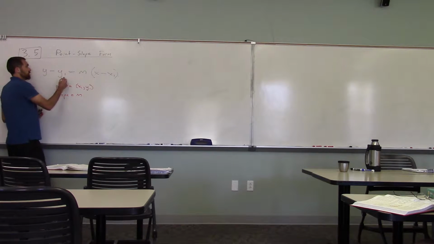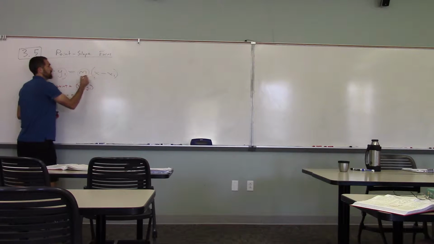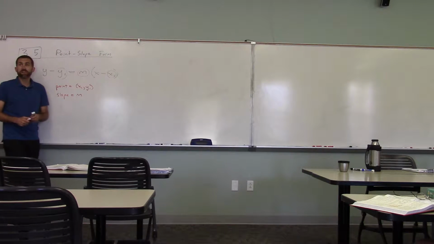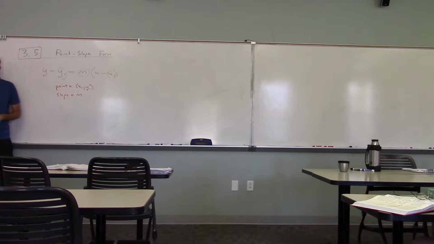Okay, and you plug those in here, here, and here. So those become numbers. And you are left with this y and this x, which are variables. So that will give you your equation.